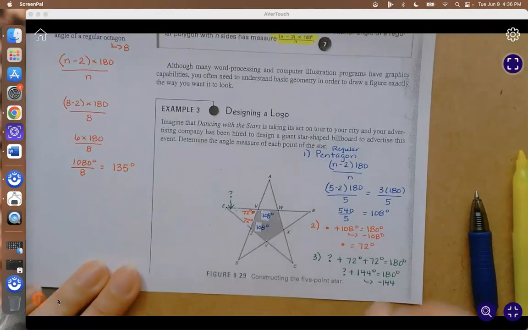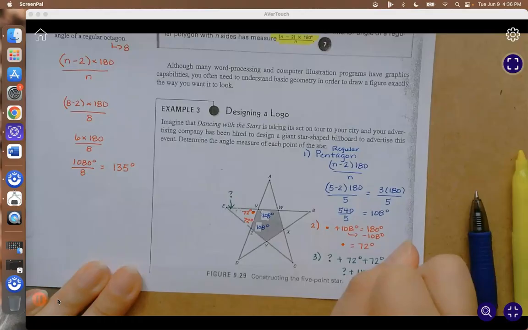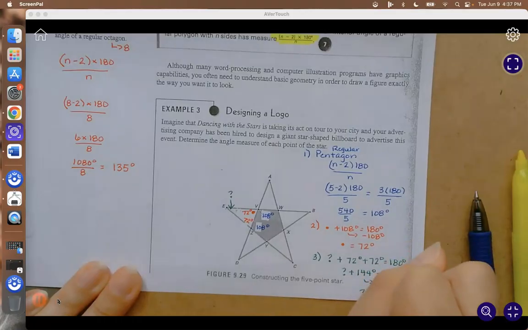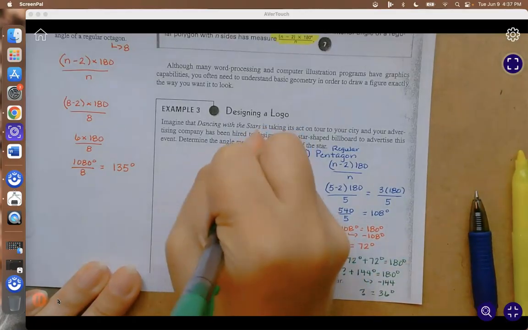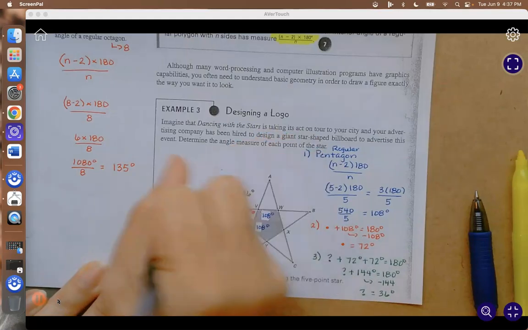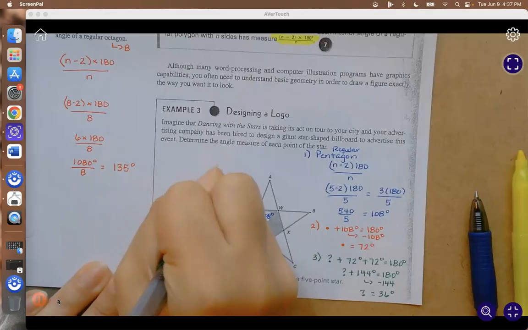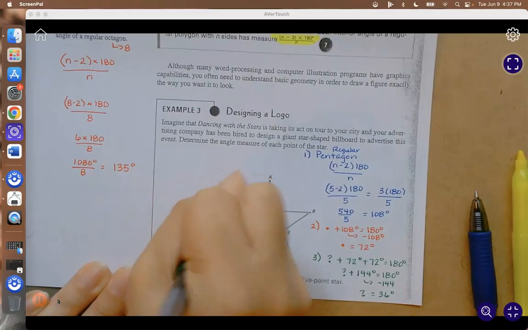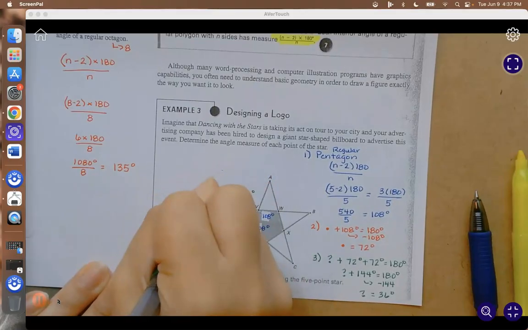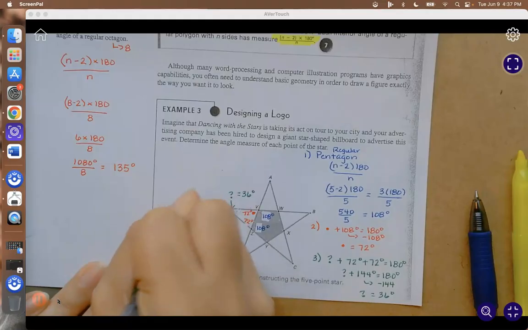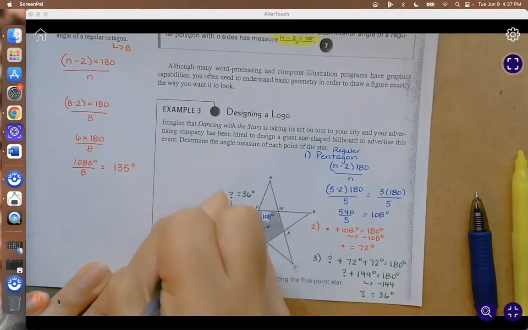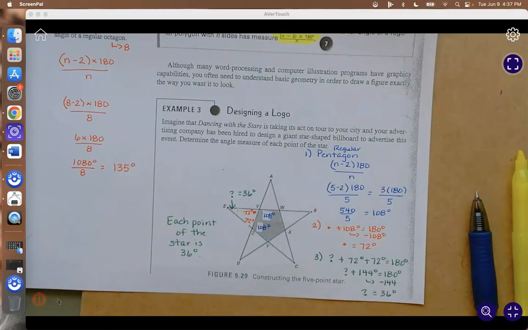So we subtract 144 from 180, and that question mark is 36 degrees. So each point of the star is 36 degrees.